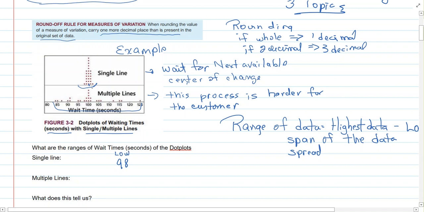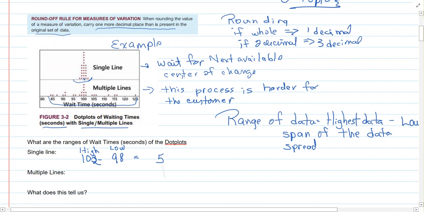And the high is 101, 102, 103. So I do the math on this, and I get 5. Oh, is it 102? Oh my gosh, can't count. It's 102. Sorry about that. And it is 4.